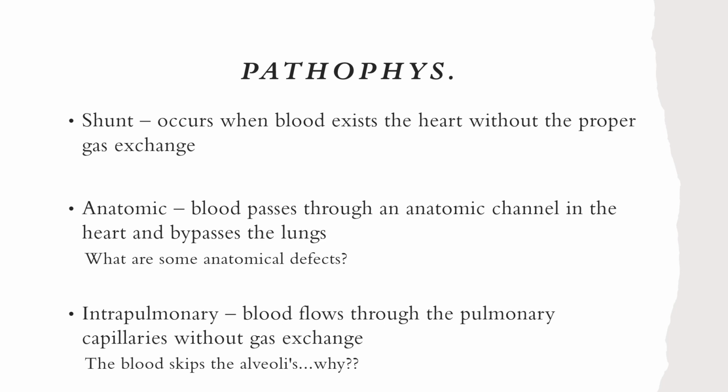So they're going to have more of a problem with the perfusion type, or the Q of the VQ mismatch. These types of patients, especially with shunting going on, often need mechanical ventilation. Again, shunting occurs when blood exits the heart without any gas exchange whatsoever.